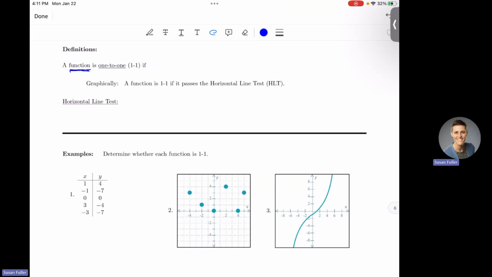The word one-to-one, you don't have to be a function to be one-to-one, but we're going to be talking about functions in this class. And so one-to-one means that each output, that means each y value, is connected or related to only one input.